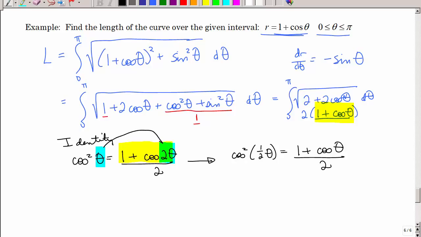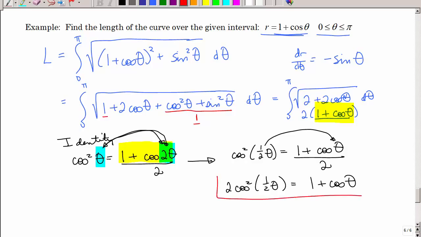Those two angles just have to be this one multiplied by 2 is this one. Well, that almost matches. Now if I multiply both sides by 2, 2 cosine squared of 1/2 theta would equal 1 plus cosine theta.